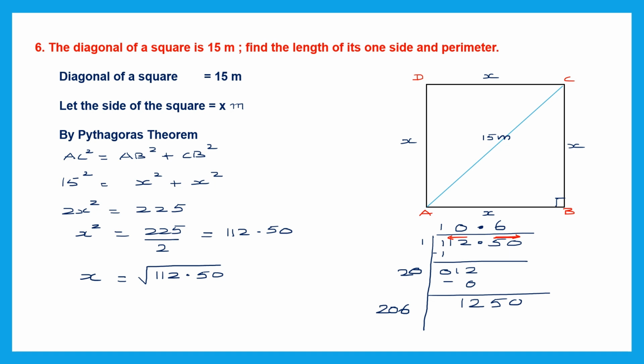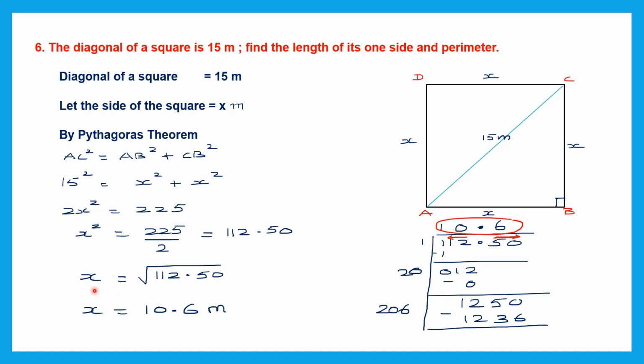So 206 into 6 will give me 1236. Now I can continue this way, but here let's stop with this. So this is 10.6. That means x is equal to 10.6 and the unit here is meters.